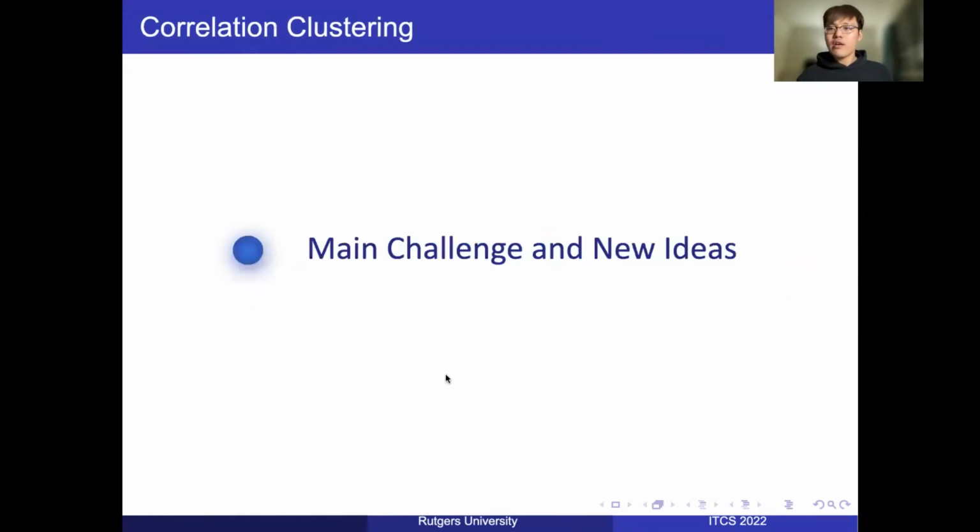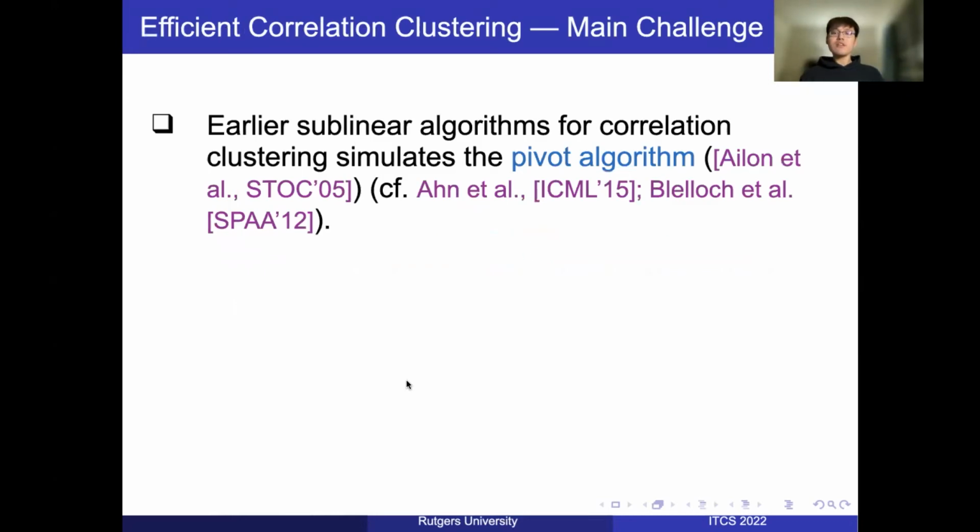So in the rest of the talk, I'll give you some intuition for how our algorithm works. But before that, let's review a little bit and see the main challenge for designing correlation clustering algorithms in the sublinear regime. Earlier sublinear algorithms for correlation clustering mostly simulate the pivot algorithm.